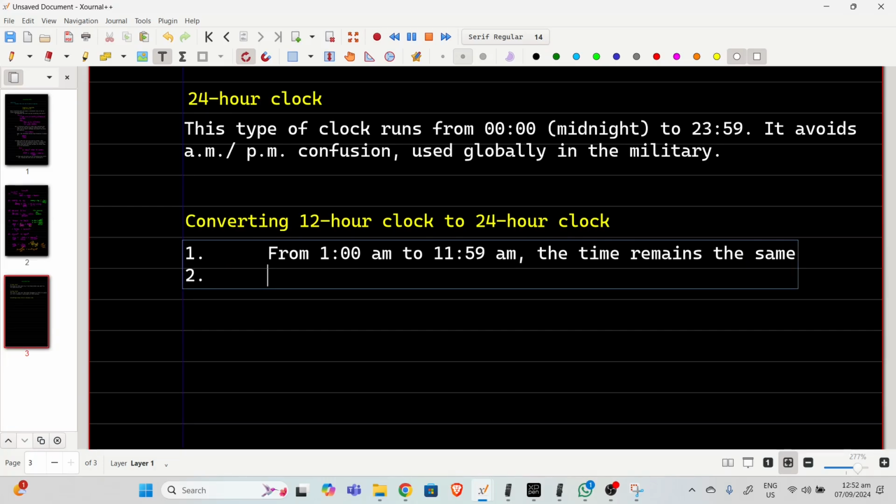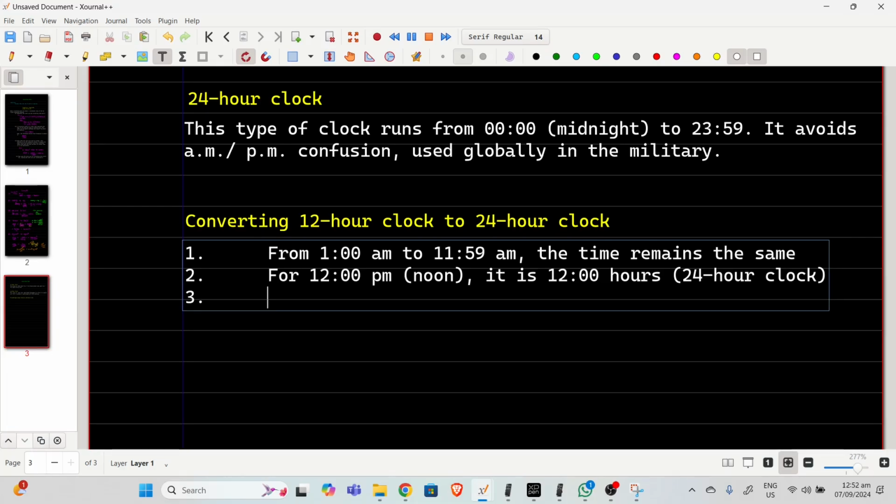Next is for 12:00 PM, which is noon. It is 1200 hours on the 24-hour clock, right?